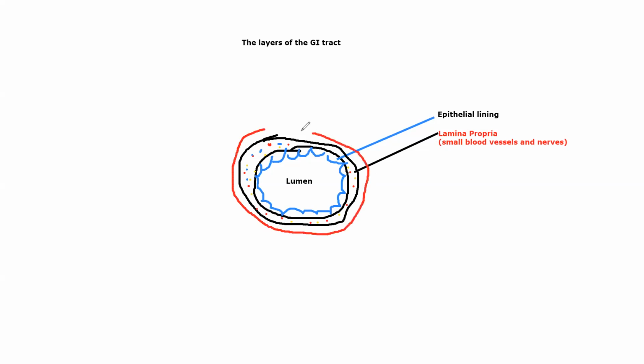And I'm drawing it here in red so we can see that. This is the muscularis mucosae. Alrighty, and together all of these layers make up the mucosa.